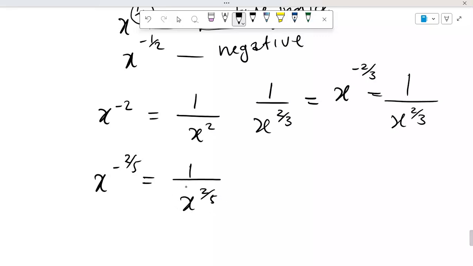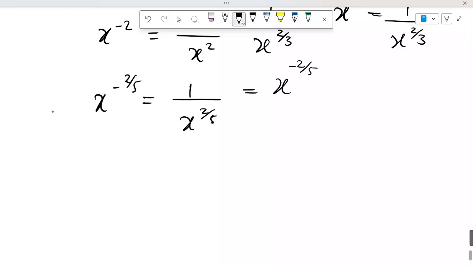It will be difficult to integrate, so you need to rewrite it in this form. So this will be the same as x to the power negative 2 over 5. This is very easy because you just add 1 here and then 1 here. Very simple. So if you have 1 over something, you just add the negative to the power.